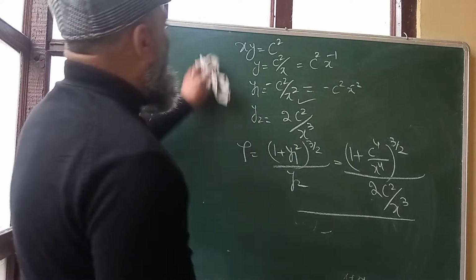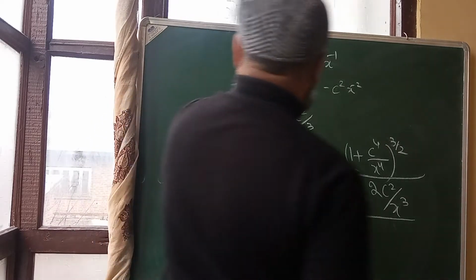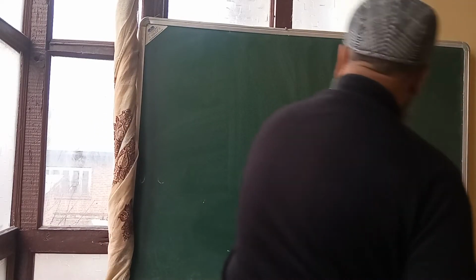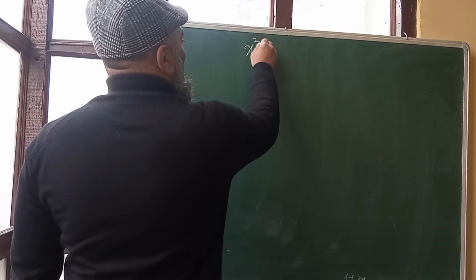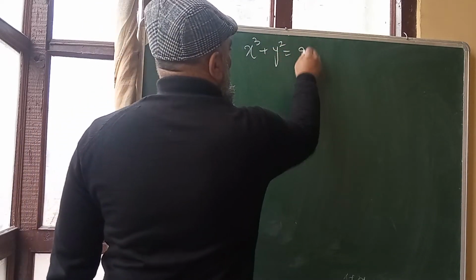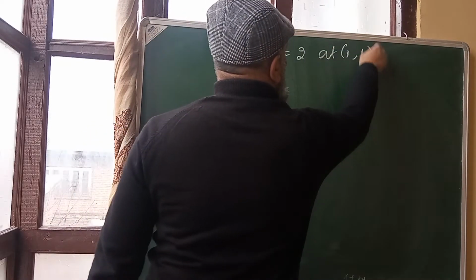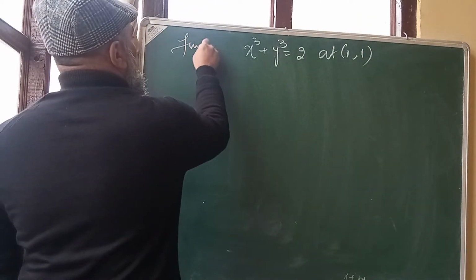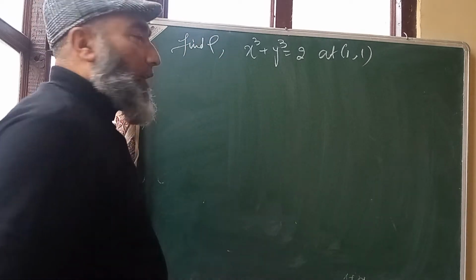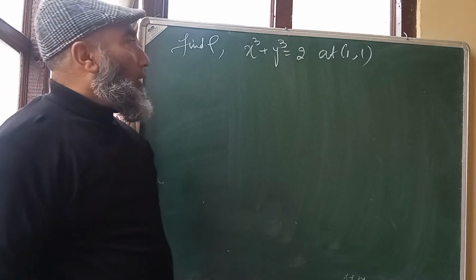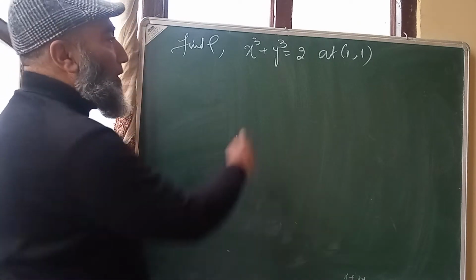Now let me take up one more question. Say you have x cube plus y cube equal to a constant, at 1, 1. Find the radius of curvature, find rho. For this curve, x cube plus y cube, at 1, 1, this is a Cartesian curve. So let me differentiate with respect to x.